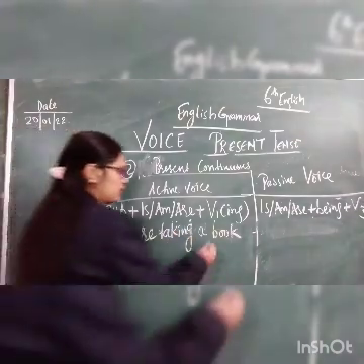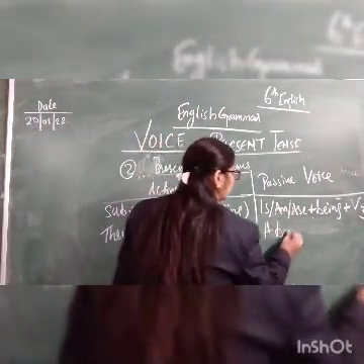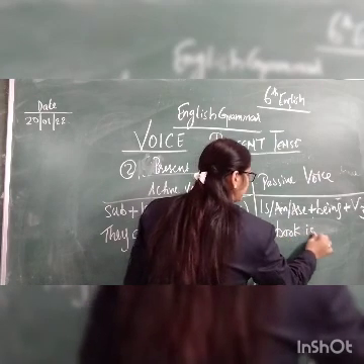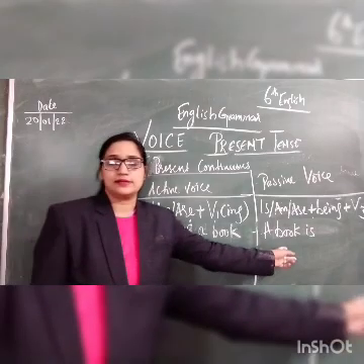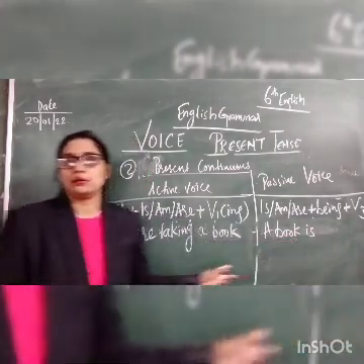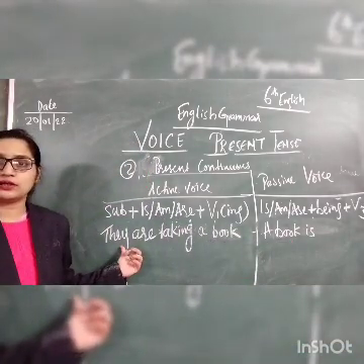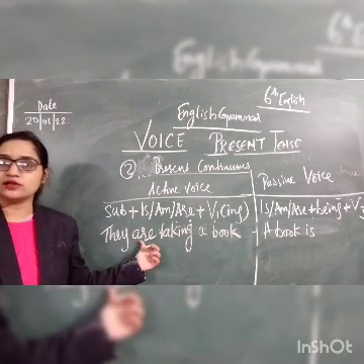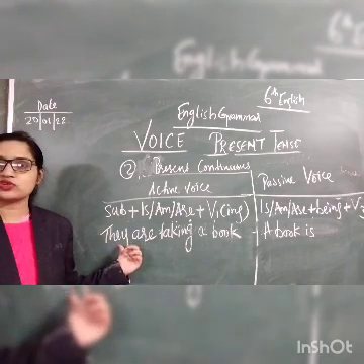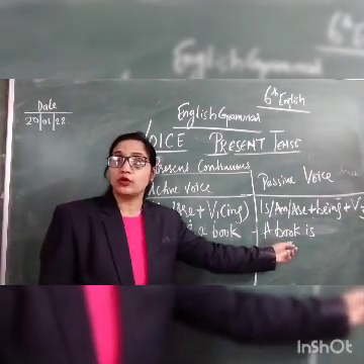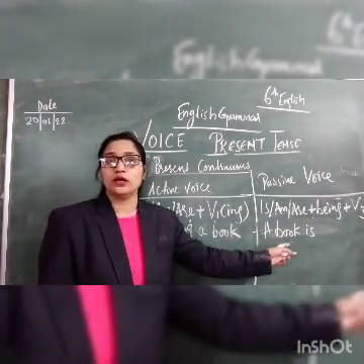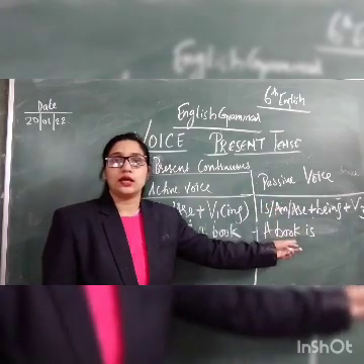It becomes a book is. Okay, here are, here is. Why we put here is? Because here the subject is they, that is why are is used according to this subject, because it's plural. But here a book is singular, third person singular. That is why we are using here is.